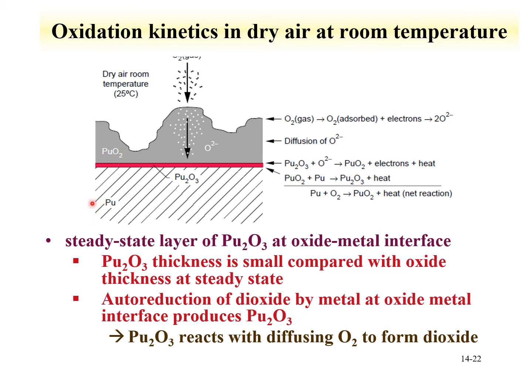You oxidize some of this metal to this trivalent state, and eventually the oxygen that diffuses through interacts with this Pu2O3, forming the PuO2 state.